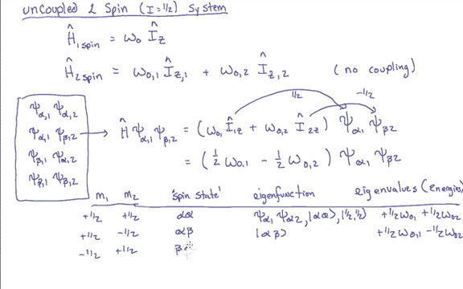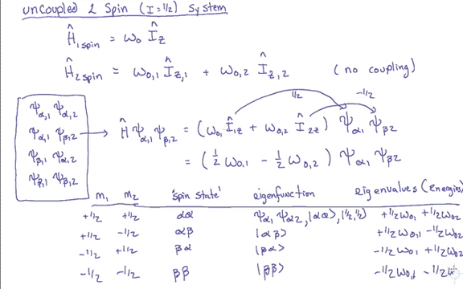This one's just going to flip it around in both the spin state and the energies. It's going to put a minus a half on omega 1 and plus a half on omega 2. And then finally, when they're both in the beta state, okay, and that gives you a summary table of an uncoupled two-spin system Hamiltonian.